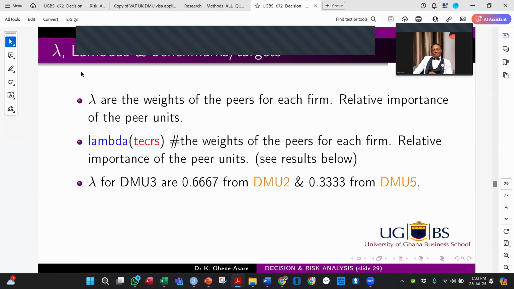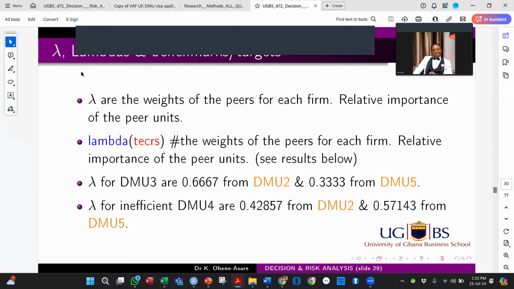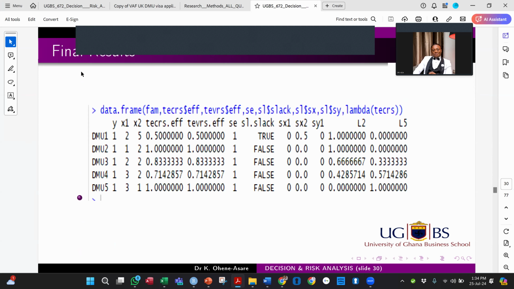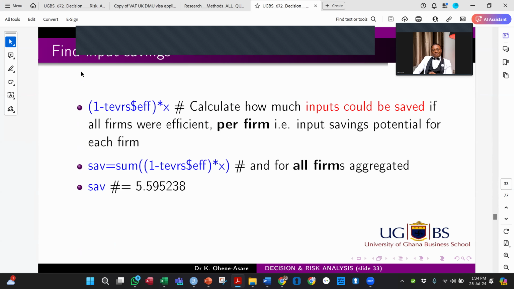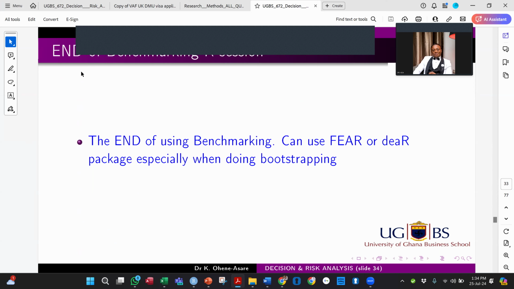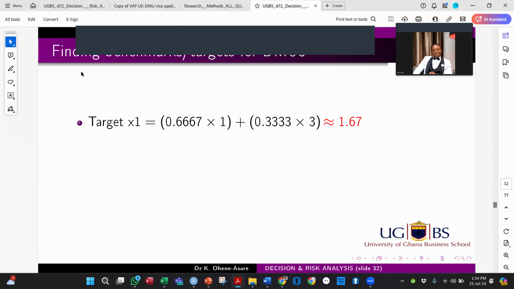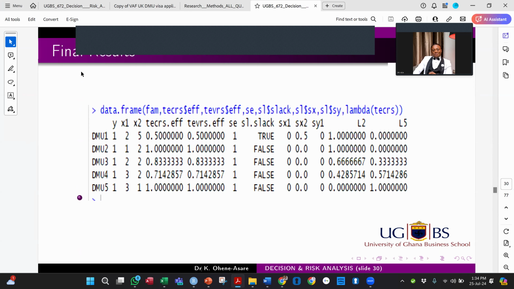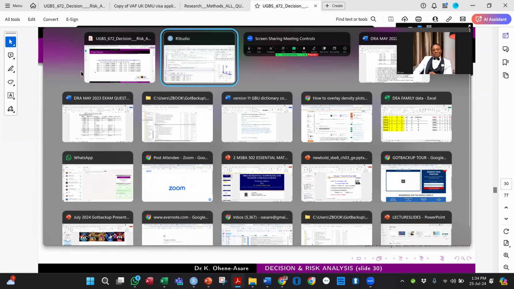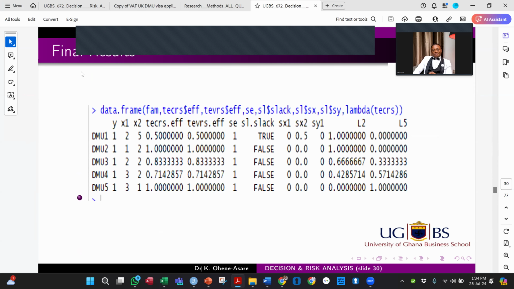Now lambdas, and then the lambdas will eventually lead to targets. Let me see whether you have that. No. Okay, so it's true. So please watch the formula for the target. You calculate it here, but then in the R, I left it. Oh, you have it here.